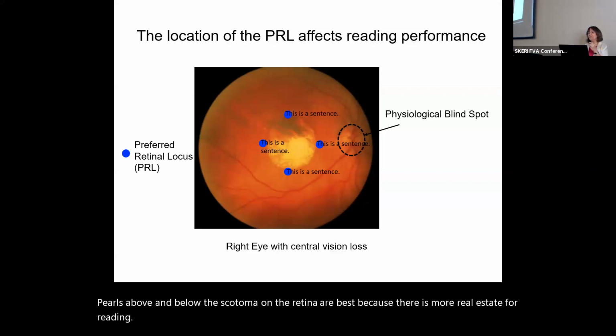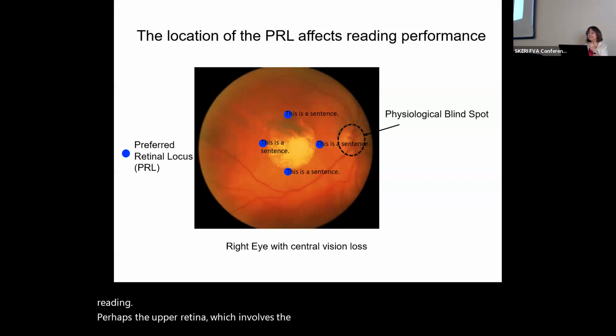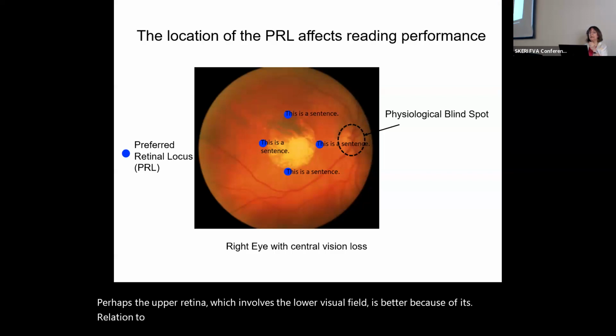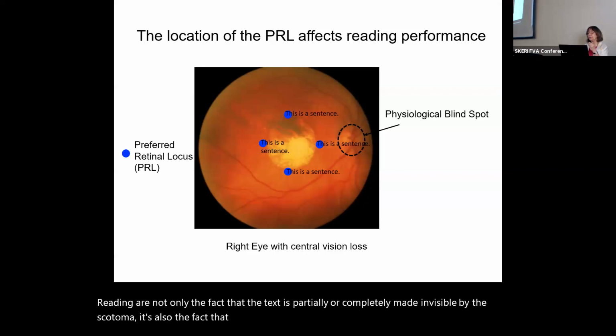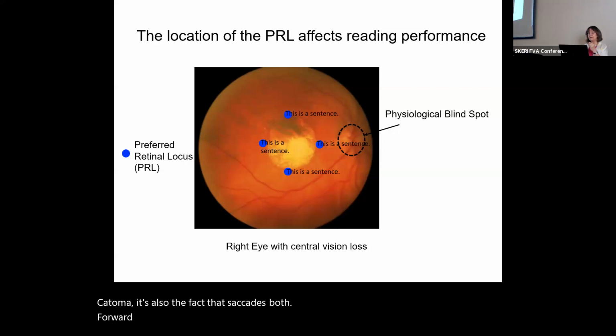Perhaps the upper retina, which involves the lower visual field, is better because of its relation to locomotion. However, the problems with reading are not only the fact that the text is partially or completely made invisible by the scotoma, it's also the fact that saccades, both forward and regressive saccades, are damaged or made very difficult by the presence of the scotoma.